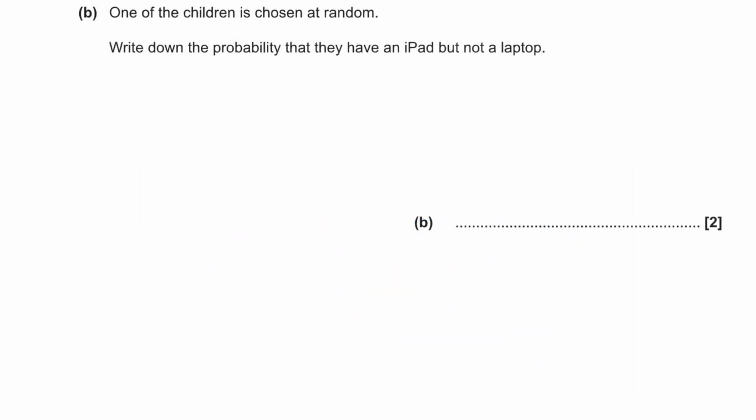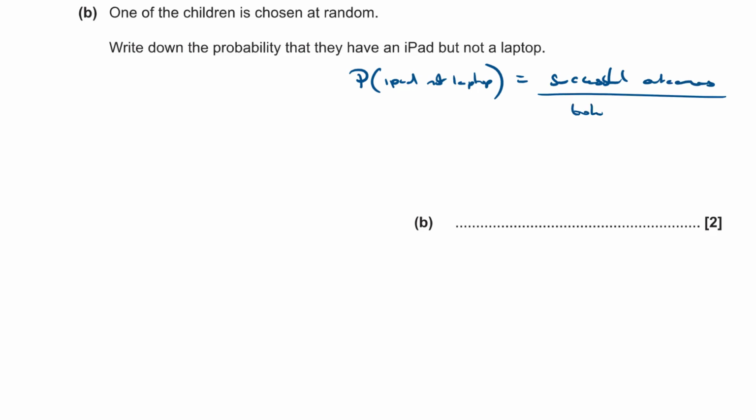Part B says one of the children is chosen at random. Write down the probability that they have an iPad but not a laptop. Well, the probability of iPad not laptop. Well, it's successful outcomes, how many have an iPad and not a laptop, divided by total outcomes, which is how many students there are altogether.